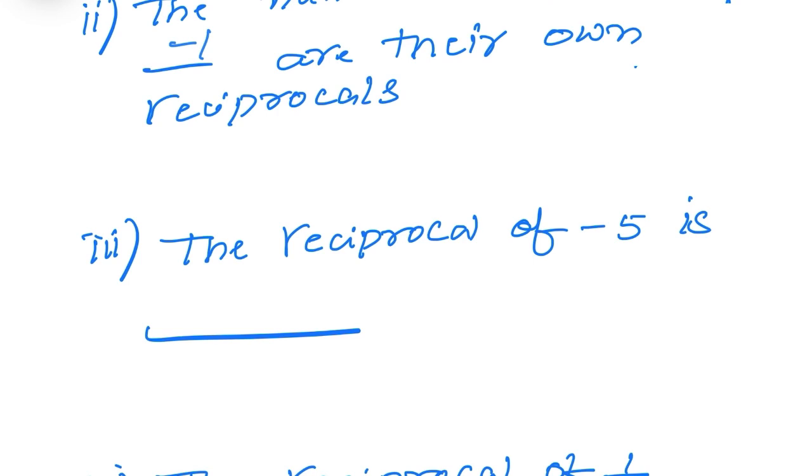The reciprocal of minus 5 is, what is the reciprocal? Reciprocal means don't change the sign. Write the same sign. Simply write 1 by 5. If it is 2 by 3, write 3 by 2. That's all. Minus 1 by 5.